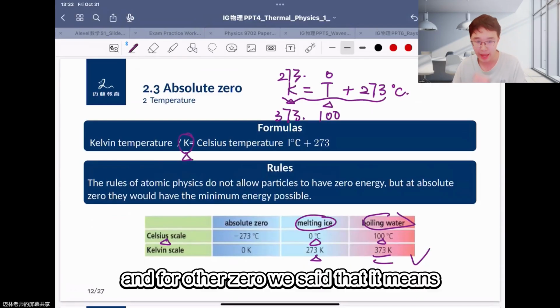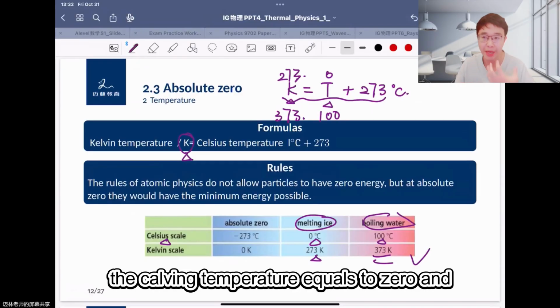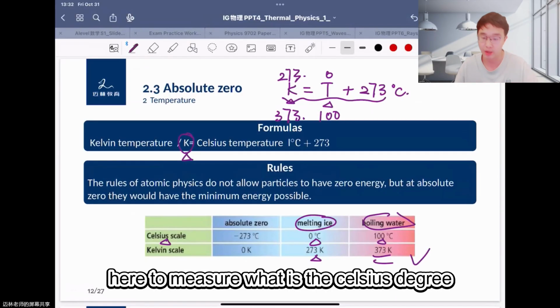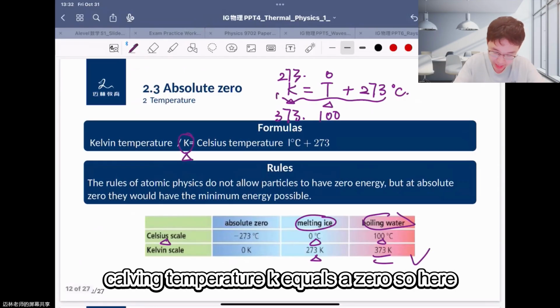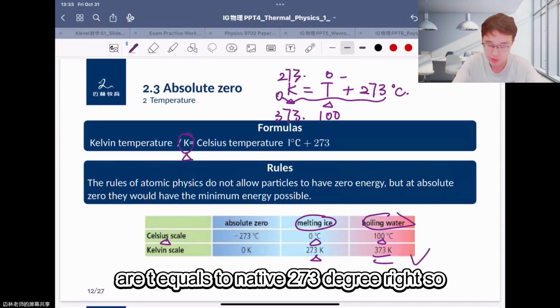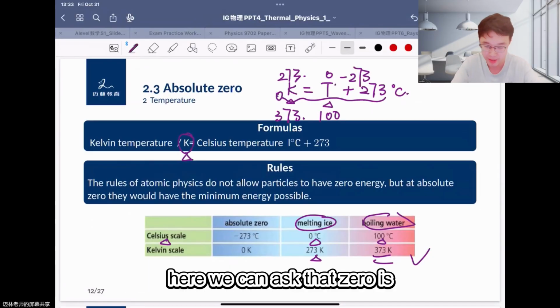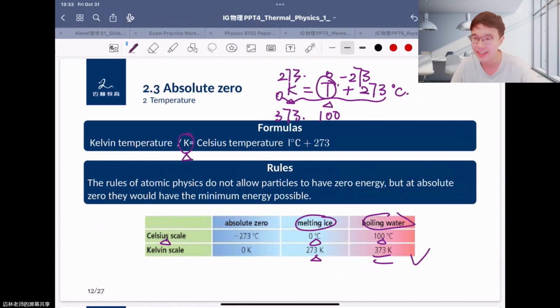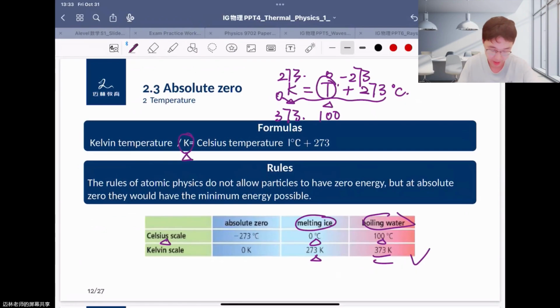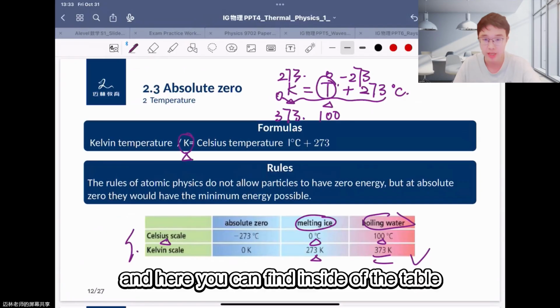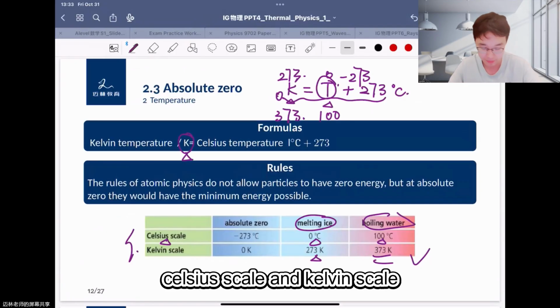And absolute zero means the Kelvin temperature equals 0. To find the Celsius degree, when the Kelvin temperature K equals 0, T equals negative 273 degrees. So this is for the Kelvin temperature and the Celsius temperature, and we can find them in the table, the Celsius scale and the Kelvin scale.